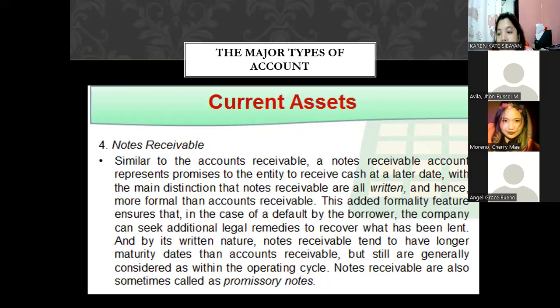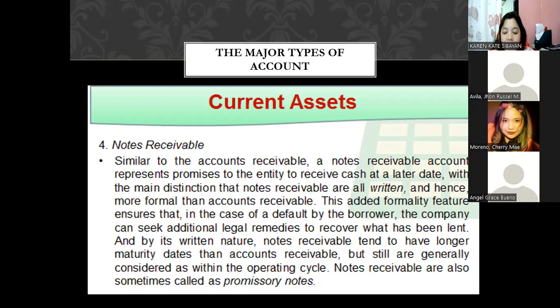So, of course, as a businessman, lalo na kung hindi nyo masyadong kilala yung pinapautang nyo, make sure to have a written agreement. Kasi at least kahit paano may habol kayo. Pero usually kung kaibigan, alam mo namang good payer, kahit accounts receivable, kahit wala nang written. But if you really want na secure, always na black and white tayo.